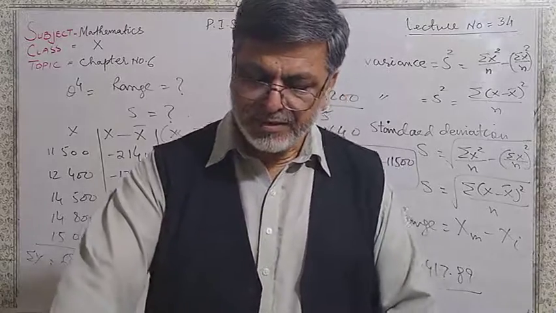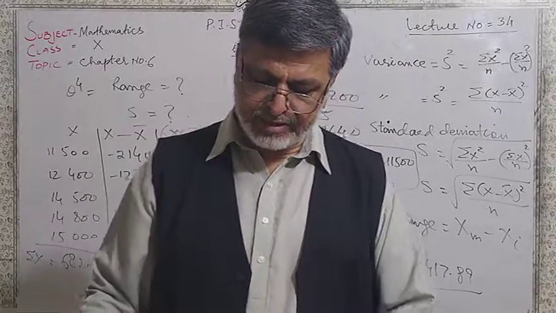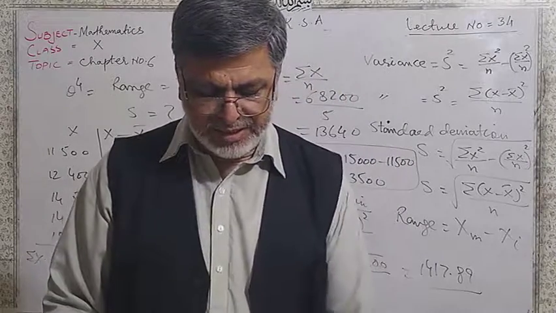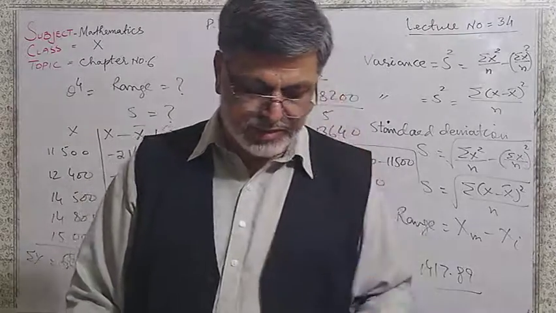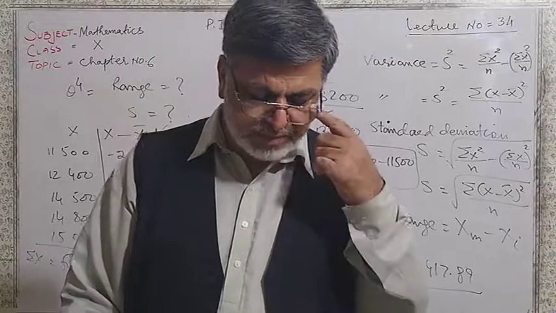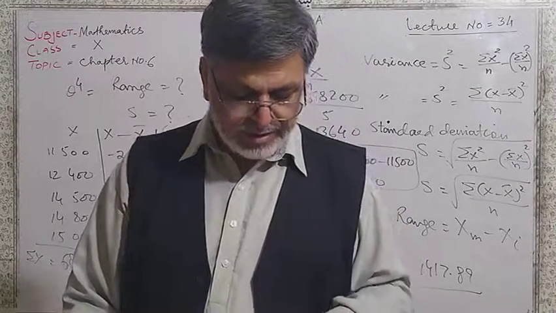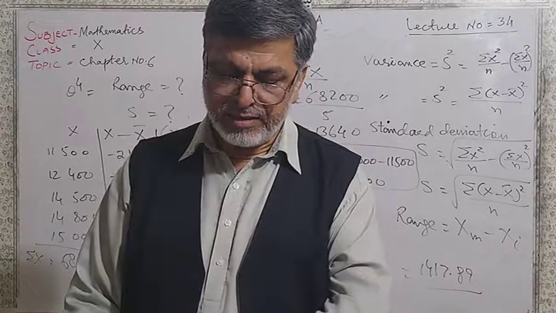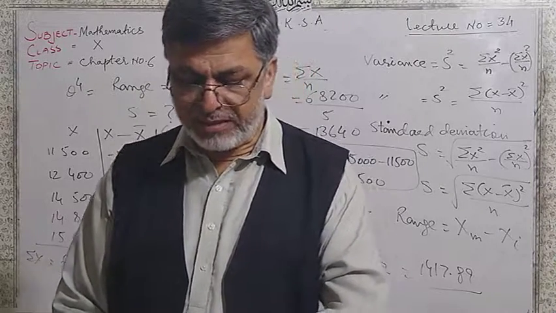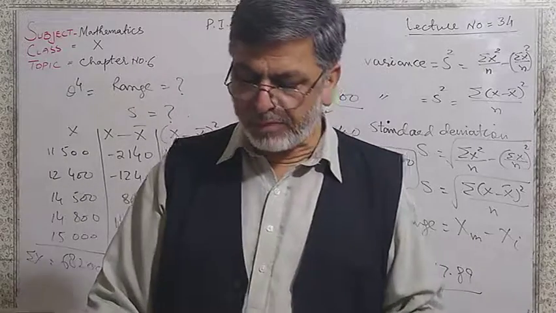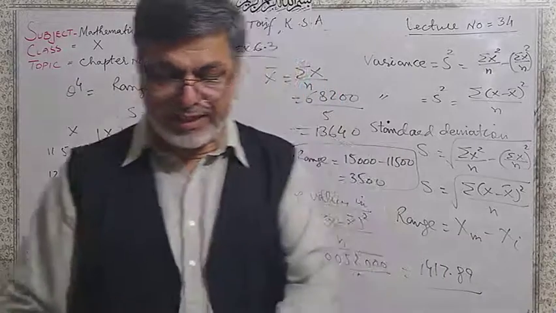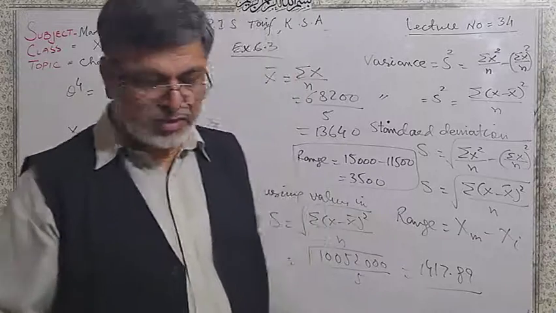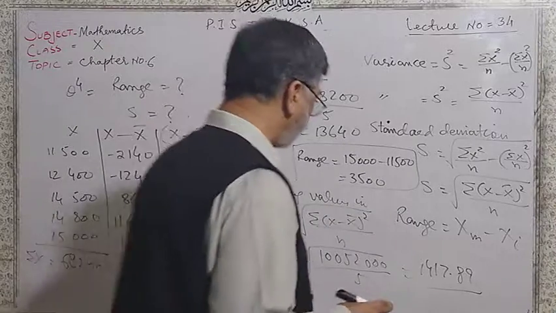After that, we have question number 5, part A. Find standard deviation S for each set of values. So question number 5, part A, and you will solve part number 2 exactly with the help of exactly the same formula. The values are very simple and easy.